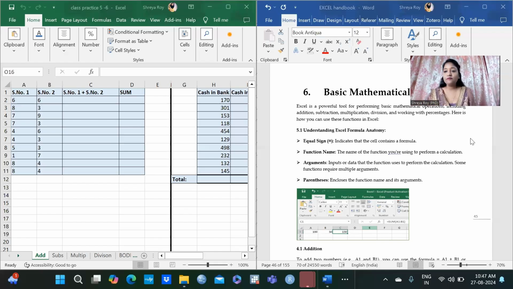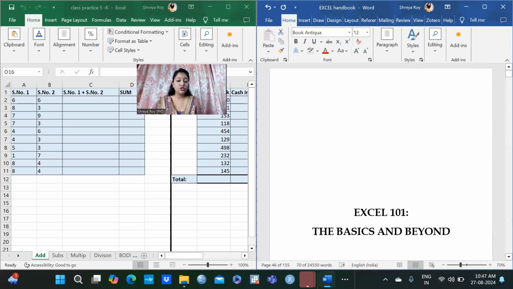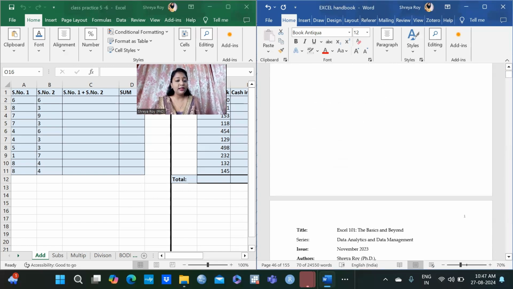Now let's begin. The book which I am following for this course is Excel 101, the basic and beyond.